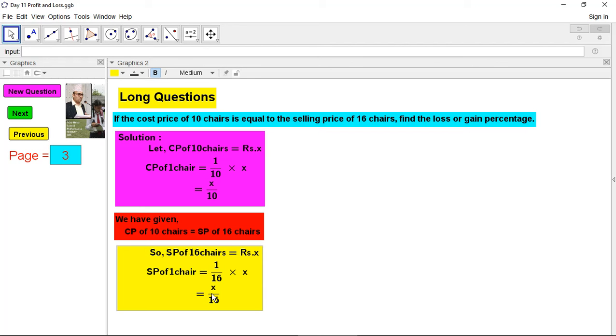Now, dear students, can you guess whether there is profit or loss, or simply whether x by 10 is greater or x by 16 is greater? Which one is greater, dear students? This is the concept of fraction.